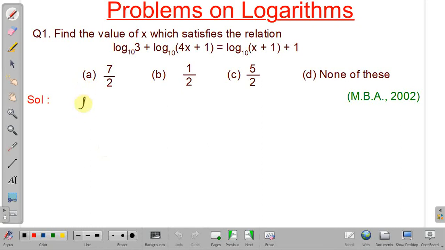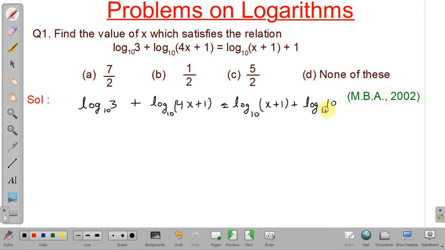So what is the given relation? Log of 3 with base 10 plus log of 4x plus 1 with base 10 equal to log of x plus 1 with base 10, and 1 can be written as log of 10 with base 10.